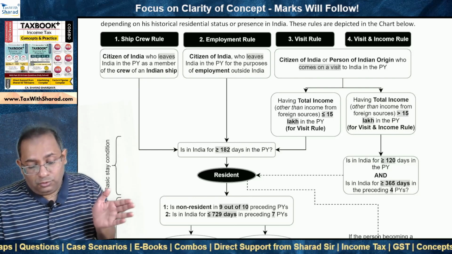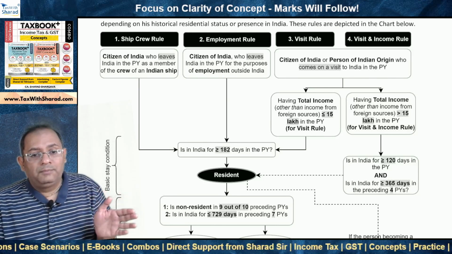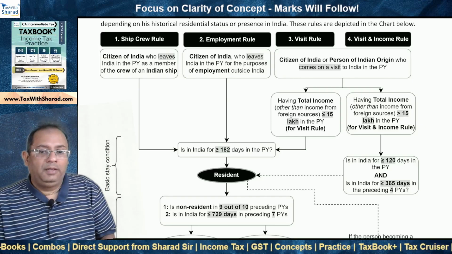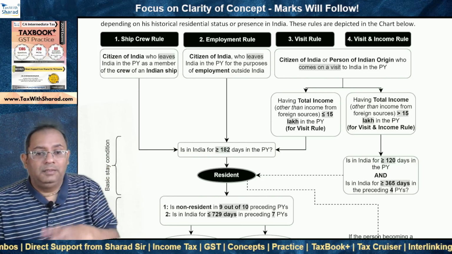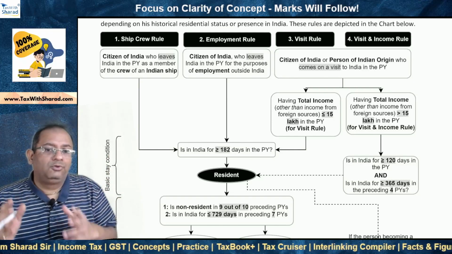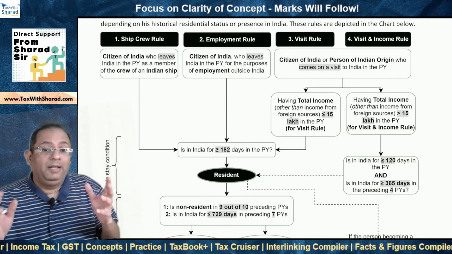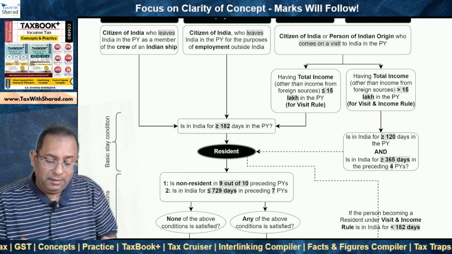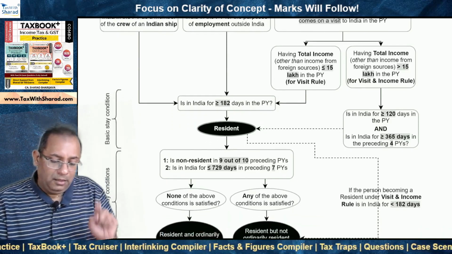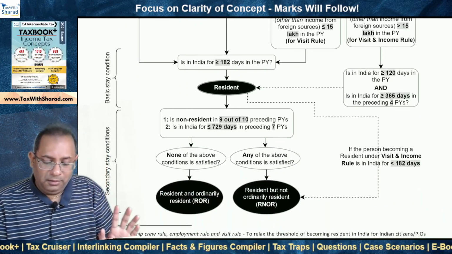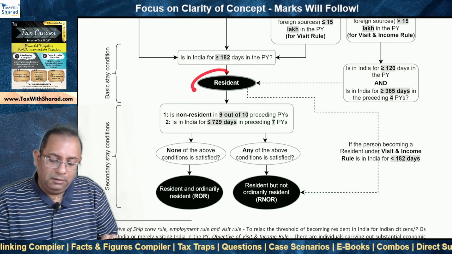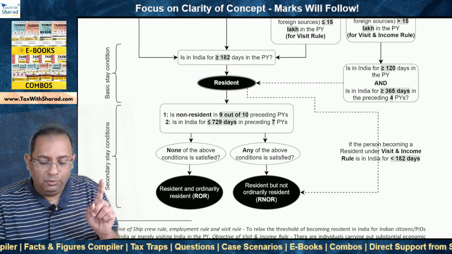So 182 days or more means that for the majority of the year the person is in India, and therefore the nexus with India is supposed to be good enough for the person to be categorized as a resident. This is called the basic stay condition. So if the person is in India for 182 days or more in the previous year, the person will become a resident under the ship crew rule.